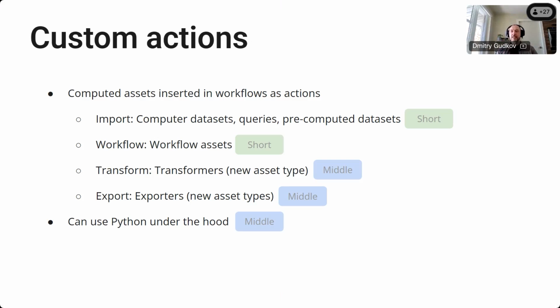Operations like that can be wrapped into custom actions, which you will be able to use very much as regular actions, just dragging from a list in the sidebar and dropping in the middle of your workflow, and that will just magically work.